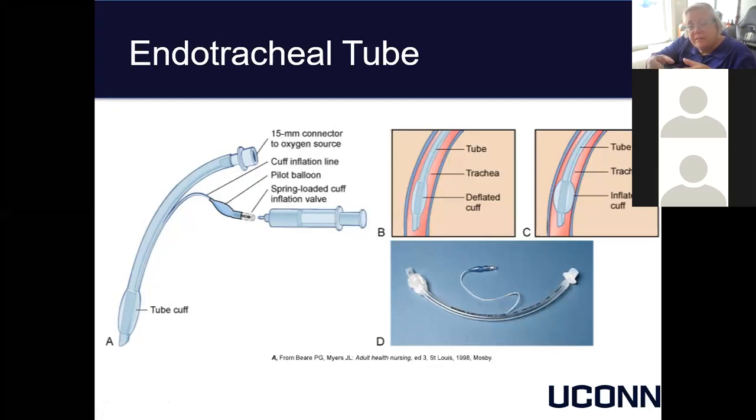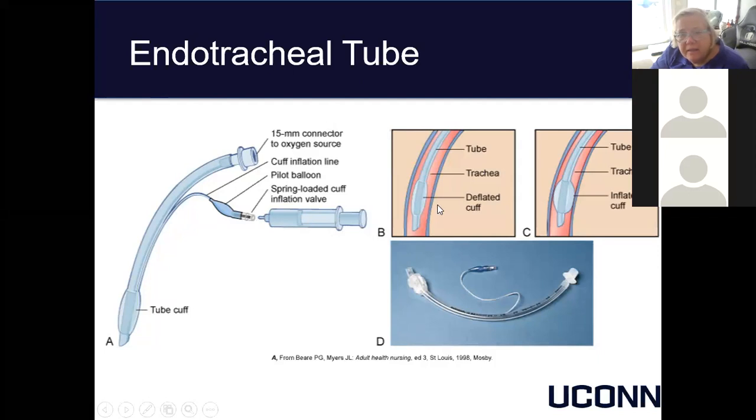You inflate the balloon, and first off, it closes the entire trachea, if you will, so that nothing can get by the balloon, but also it helps stabilize it and keep it in place by subtly applying pressure to the tracheal walls.